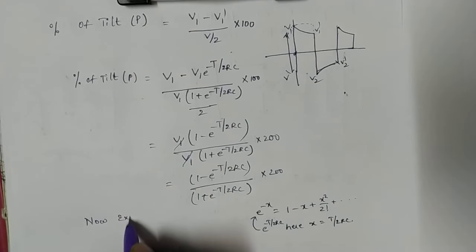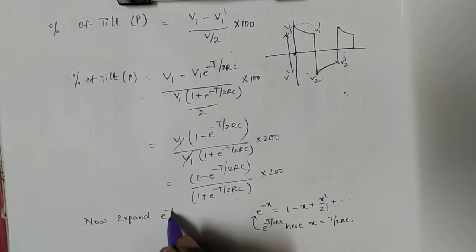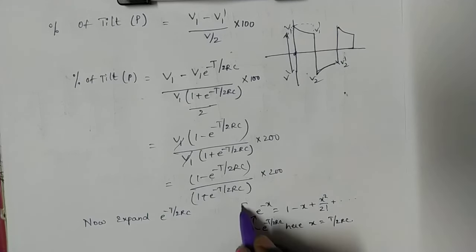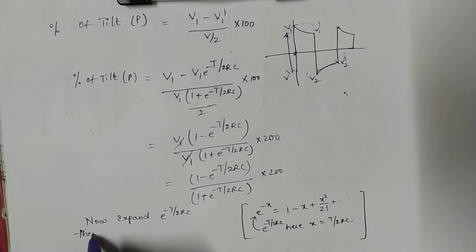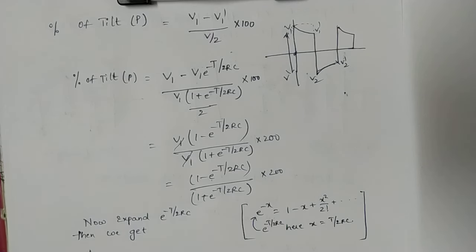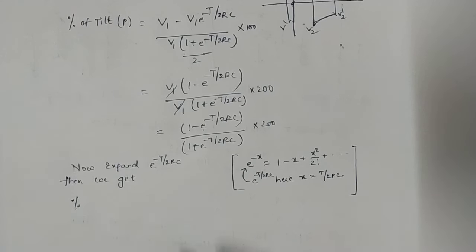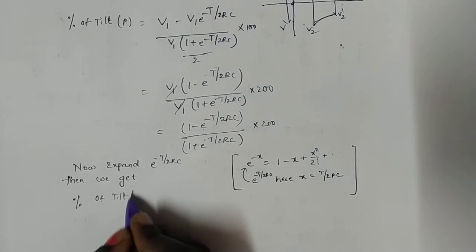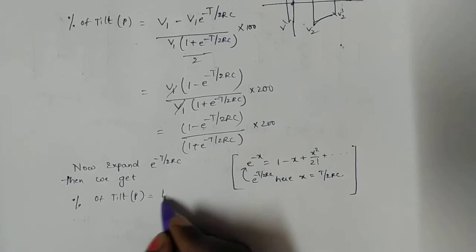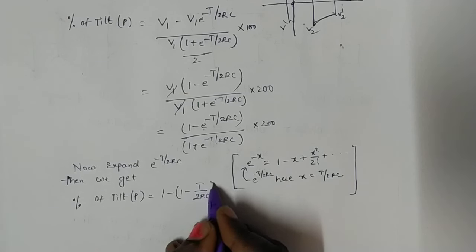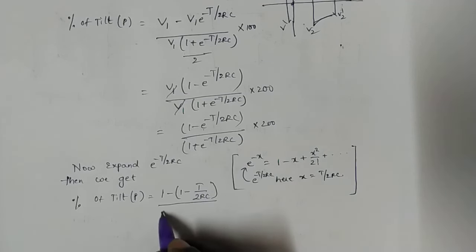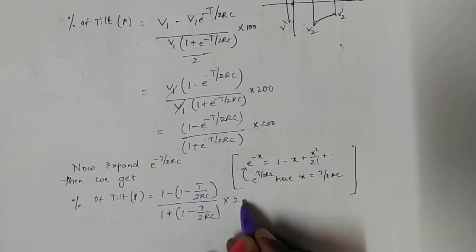Now expand e power of minus t by 2RC using this formula. Then we get the percentage of tilt, that is P equal to 1 minus t by 2RC, taking only the first two terms and neglecting all higher order terms, by 1 plus 1 minus t by 2RC, into 200.